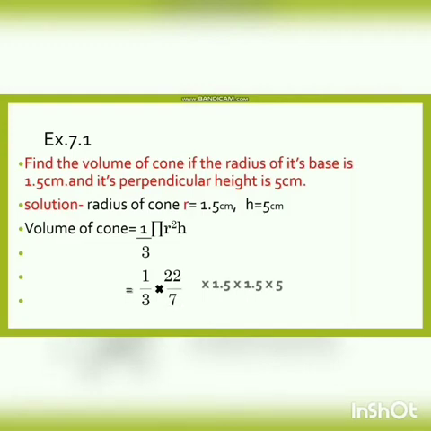After putting the value of r and h, 1 upon 3 into value of pi, I put here 22 upon 7 into value of r 1.5, which is square, so I write it 1.5 into 1.5 into h, the value of height.